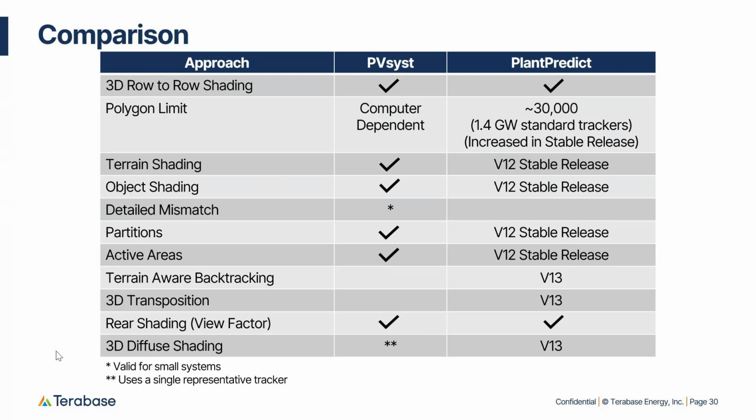If your laptop has more memory, you'll be able to run larger sites. We have fixed servers in the cloud, and we specify how much memory these servers have. Right now our limit is 30,000, which is around 1.5 gigawatts of standard trackers.